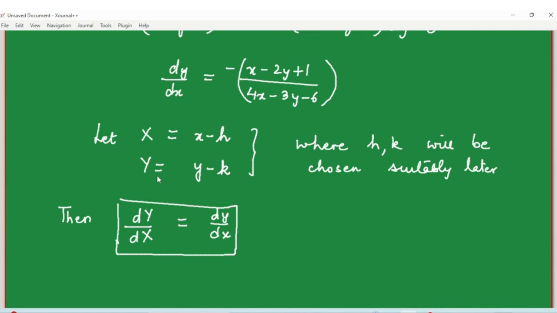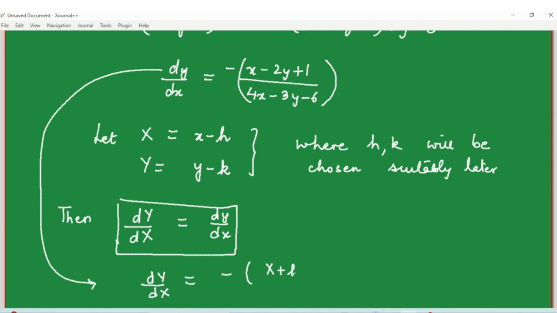Now when we substitute the new variables capital X and capital Y in the given equation, it can be rewritten as dY by dX, but here we'll have a change. Our small x is capital X plus h, so we replace it here like this. Our small y is capital Y plus k, so that makes it minus 2Y minus 2k above, and there was a plus 1 attached to it.